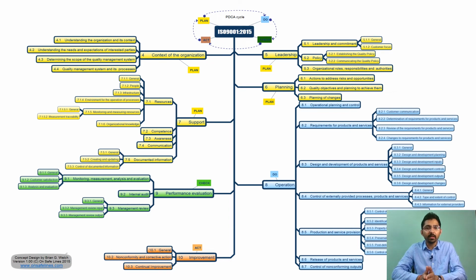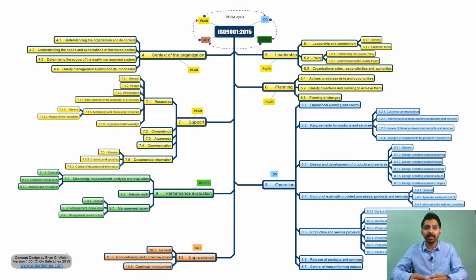You can see towards the left hand side, there are 4 clauses in total: clause number 4, clause number 7, clause number 9 and clause number 10. Towards the right hand side, there are 3 clauses in total: clause number 5, clause number 6 and clause number 8. On the topmost center, there is a cycle which is called the PDCA cycle.